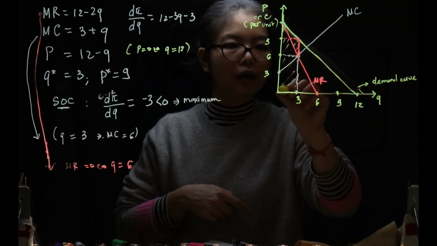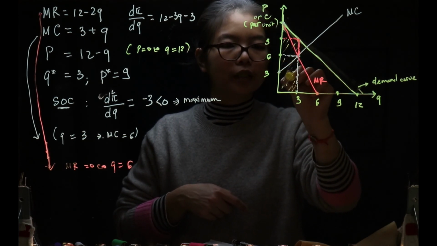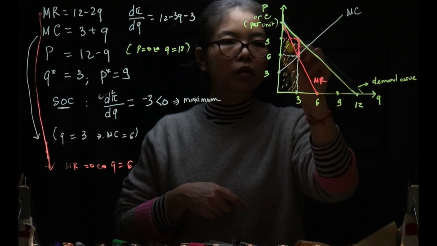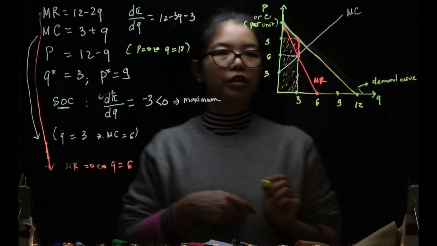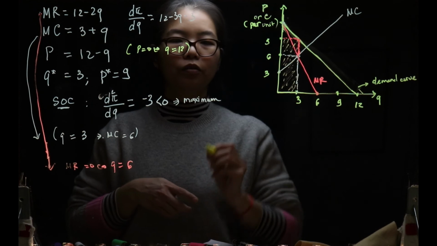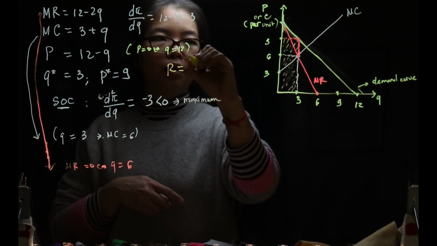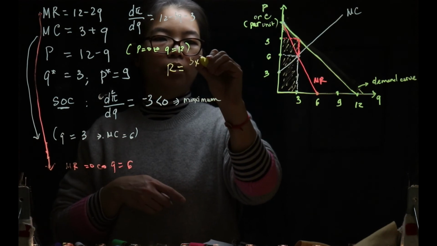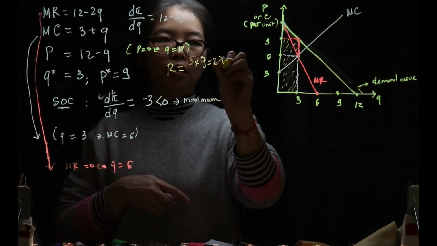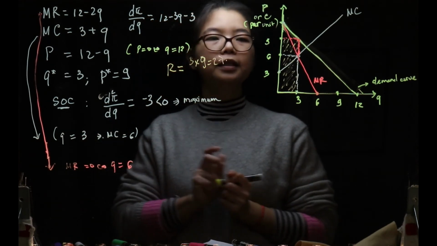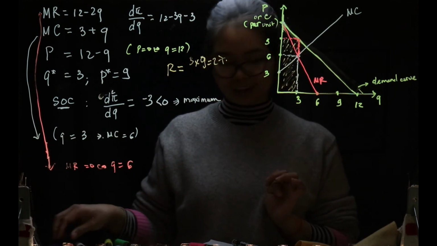This rectangle. Now, this is the revenue. All right, and where is the cost? Where is the cost?